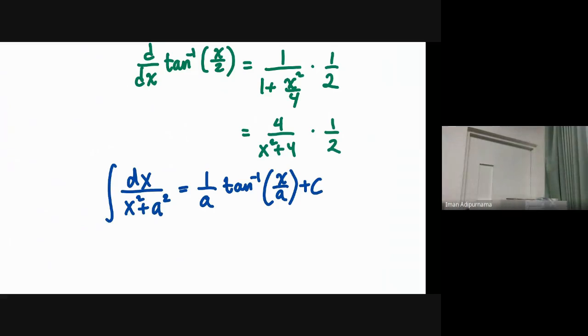I'm not suggesting remembering this. What I'm suggesting is the idea. Whenever you keep forgetting, keep reminding, and eventually you will remember this. The basic idea for integration comes from the basic derivatives.